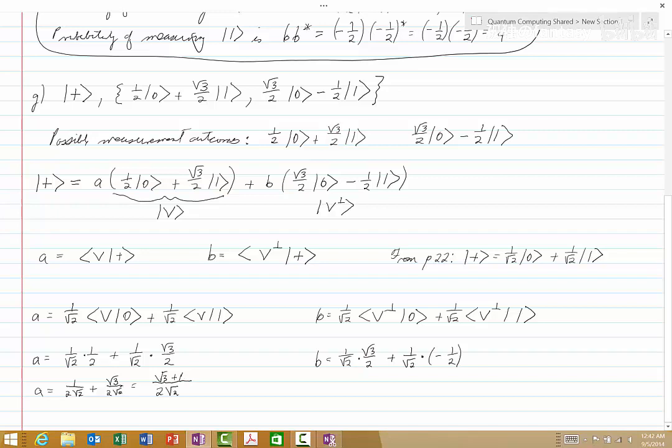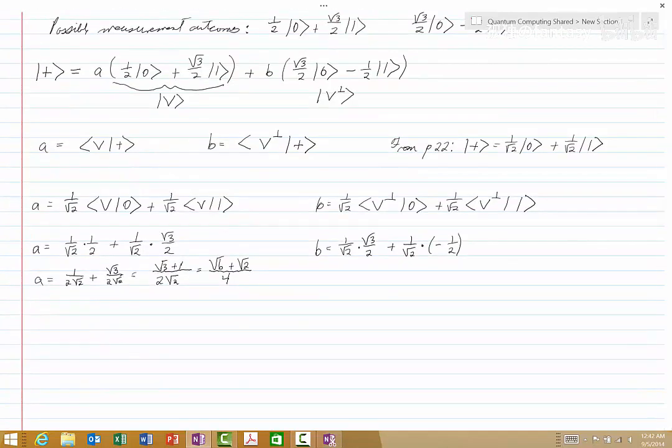And if we multiply top and bottom by square root of 2, this will give us square root of 6 plus square root of 2 over 4. So A is equal to the square root of 6 plus the square root of 2 over 4.